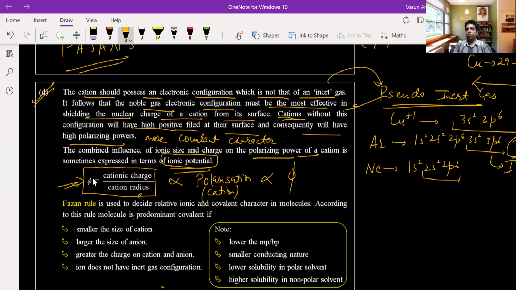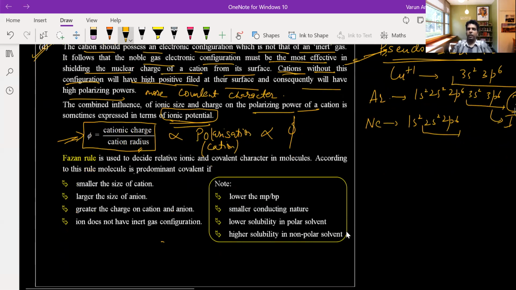So cations with pseudo inert gas configuration, or without inert gas configuration, you can say, will have more polarizing power and more covalent character.